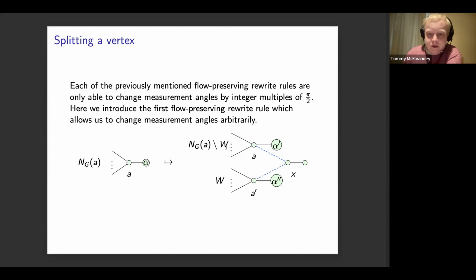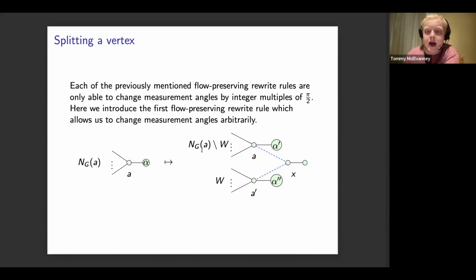And the key depth of the proof comes from the fact that W is arbitrary, so it could contain an odd number of members of A's correction set, or it could contain an even number, and so we have to define the flows differently based on whether W has an even or odd number of neighbors in A's correction set.